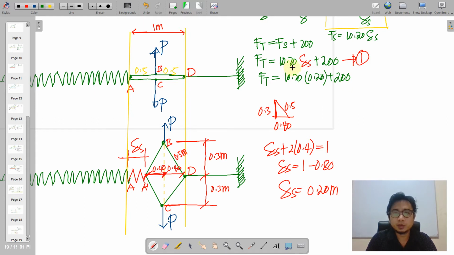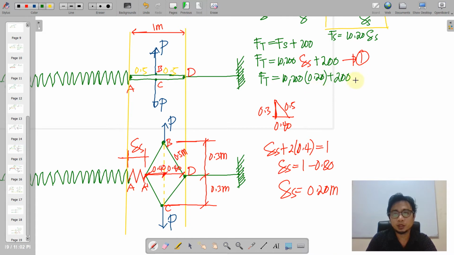Remember that 10.2 here is 10.2 kilonewton per meter. So therefore, we should multiply 1000 here. Or we can write that as 10,200 Newton per meter instead of kilonewton per meter to jive it with the unit of the initial tension of 200 Newton here.